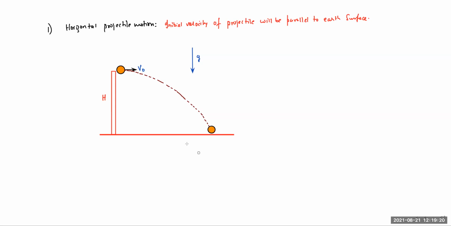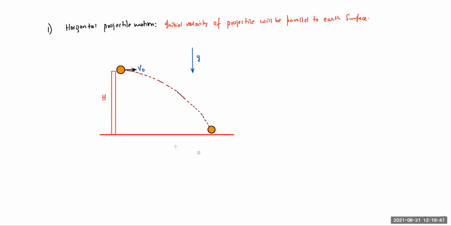So how much farther you go towards the right in this case does not depend on gravity. Rather, it depends on V naught. How fast you go down depends on gravity. So what is the role of gravity? It brings you down.